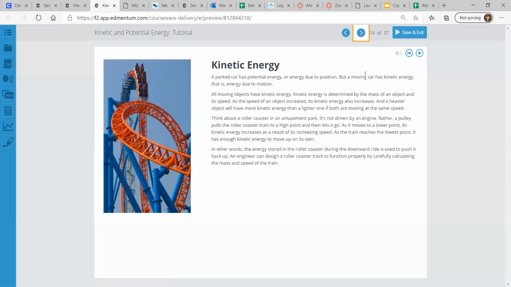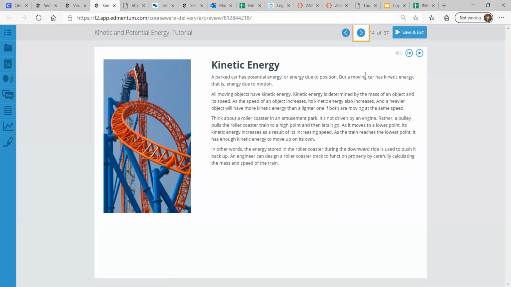Now we are moving on to kinetic energy. Potential energy deals with objects that are not always in motion. Kinetic energy is motion. A moving car has kinetic energy. All moving objects have kinetic energy.